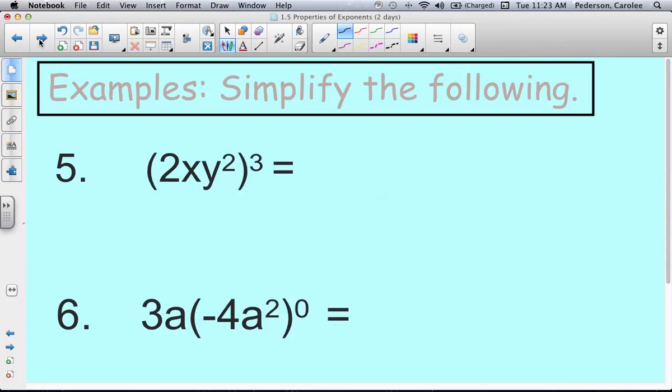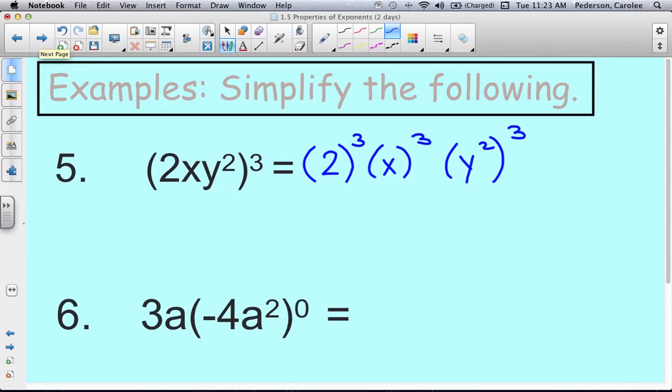Next example. Another power to the power, 2xy squared, all raised to the third power. We can distribute: 2 raised to the third, x raised to the third, and then y squared raised to the third.